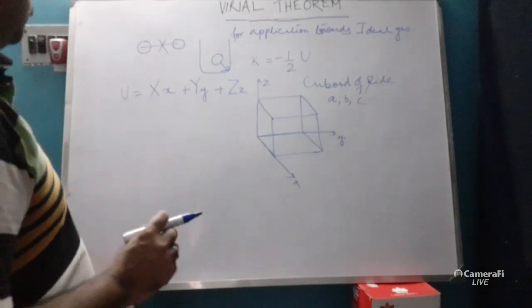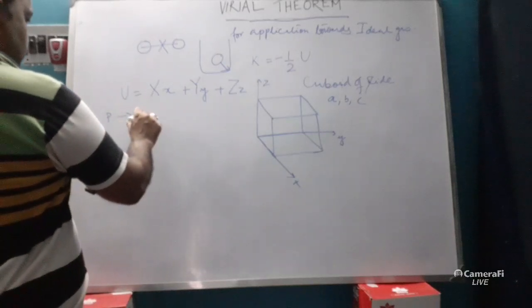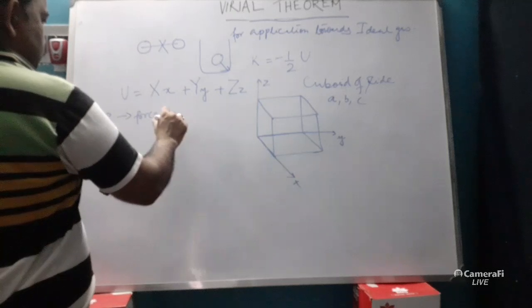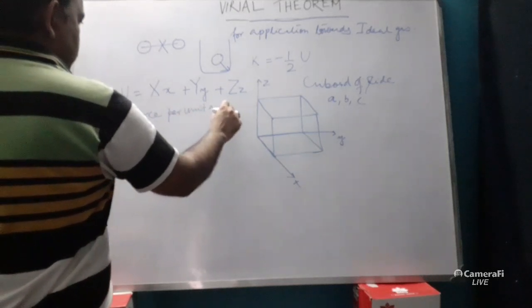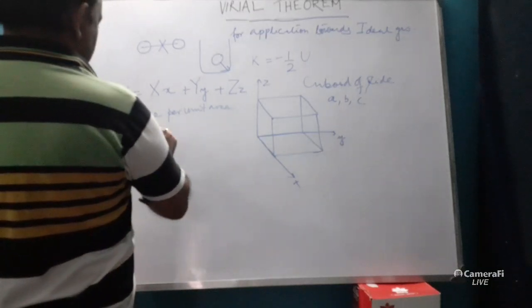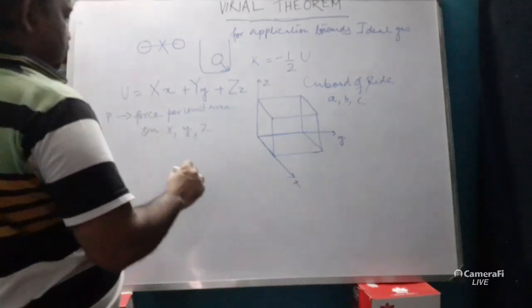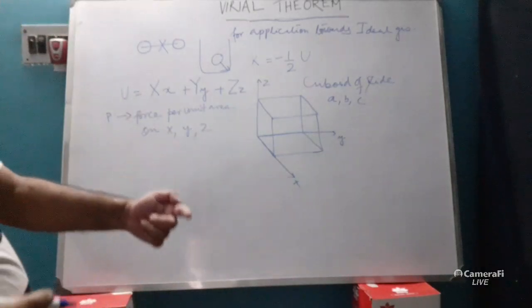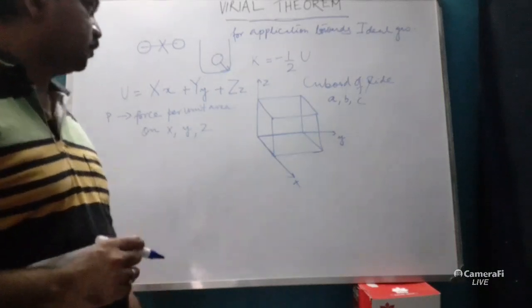Suppose we assume that P is the force per unit area on the x, y and z axes respectively. So P force in the x direction, P force in the y direction and P force in the z direction.